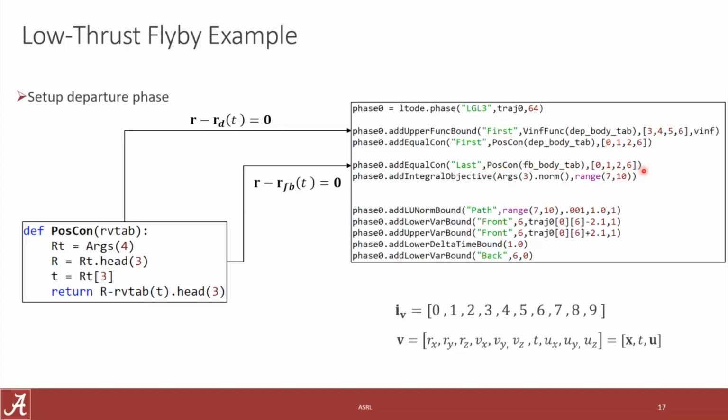The rest is exactly what we did for the departure body, but now we're handing it the flyby body table. So now the initial conditions are constrained in position and time to be where the departure body is, and the end of this phase is constrained to end in position where the flyby body is at that time.